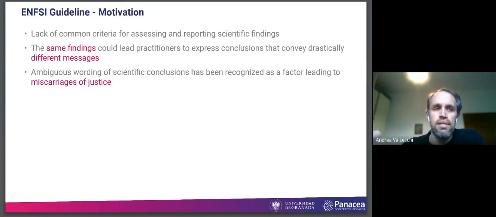According to the ENFSI, there is a general lack of common criteria for assessing and reporting scientific evidence. This has an effect on possible miscarriage of justice because the same findings could be expressed and delivered in different ways, and those messages could convey very different conclusions, and that could bias the judge or the jury in one way or another.